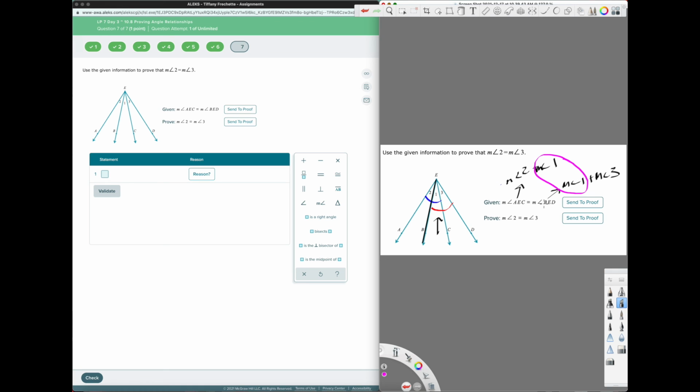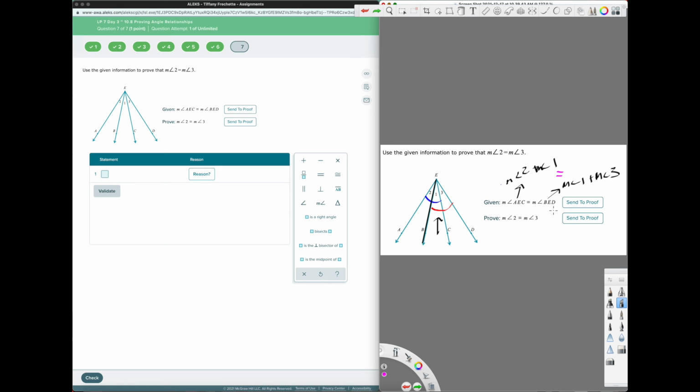So if I know that AEC is congruent to BED, and I can rewrite these guys with angle addition, I can substitute this expression for AEC. And I can substitute this expression for BED. So we're going to use substitution. I'm going to substitute them together. And there's going to be an equal sign between them because there's an equal sign here. If I know AEC equals angle 2 plus angle 1, then I can write angle 2 plus angle 1 instead of angle AEC. Same thing with BED. So I've substituted them together.